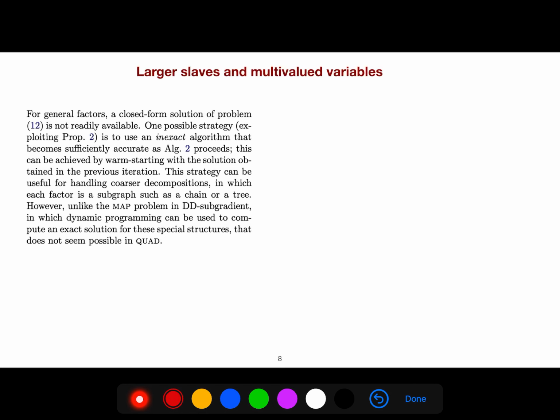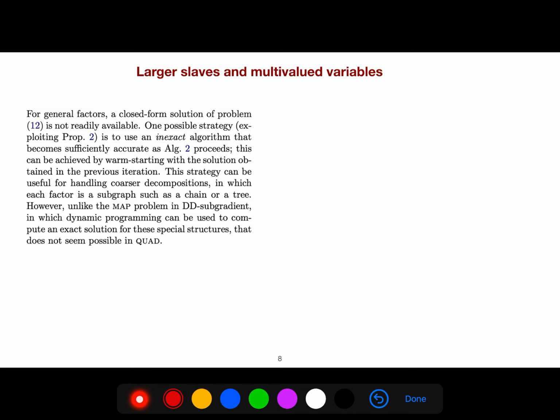For larger slaves and multi-valued variables, it becomes more expensive. One possible strategy is to use an inexact algorithm that becomes sufficiently accurate. This can be achieved by warm starting with the solution obtained in the previous iteration.